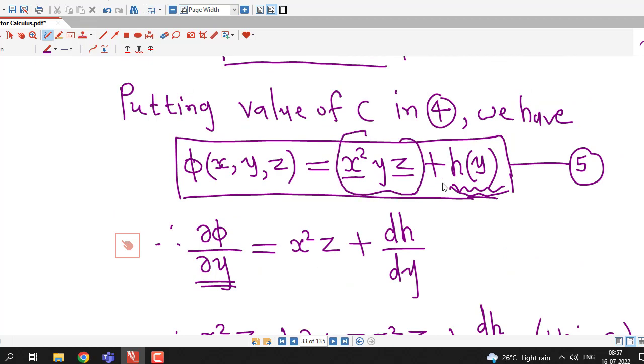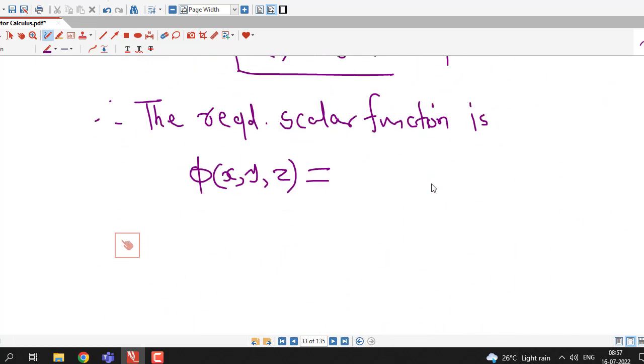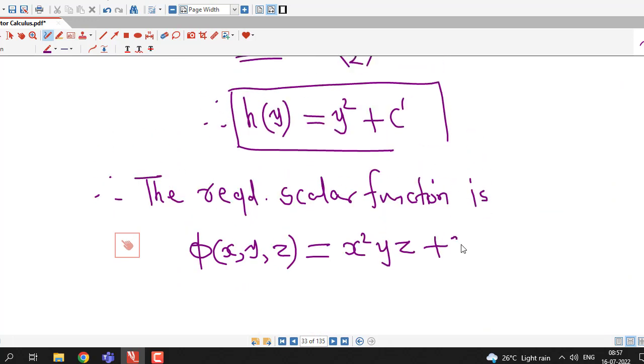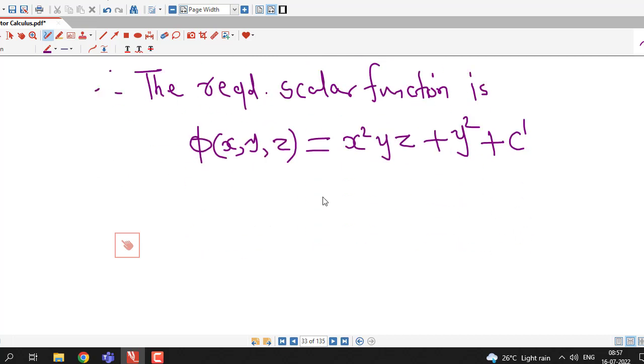It is x square yz plus h of y. So first we write x square yz, and h of y we have obtained is y square plus c dash, and c dash is an arbitrary constant.